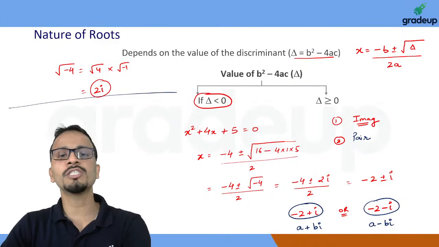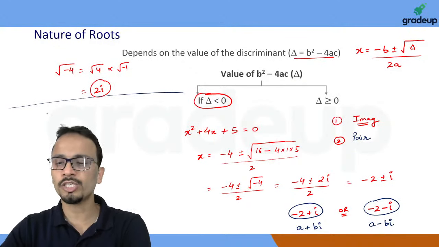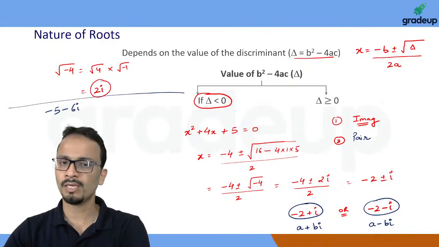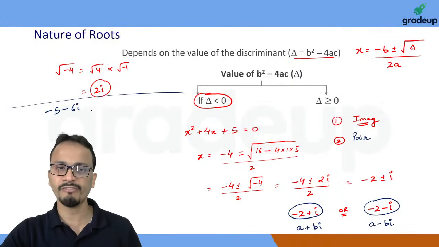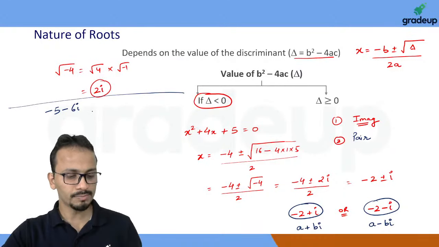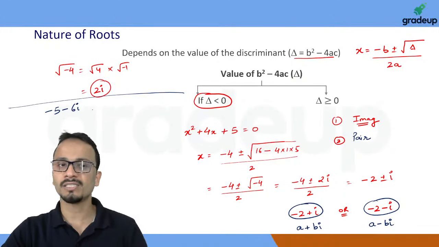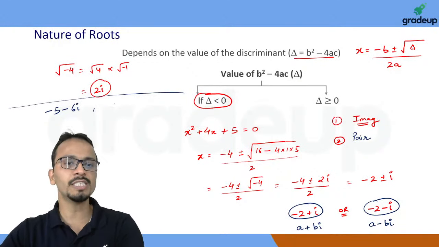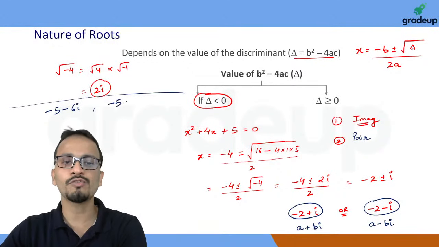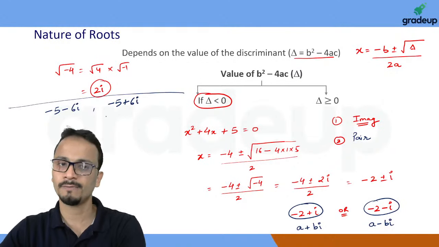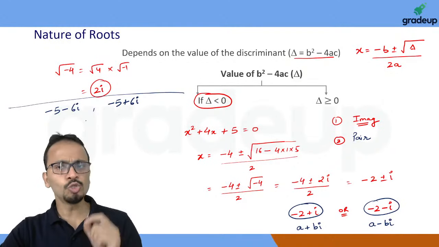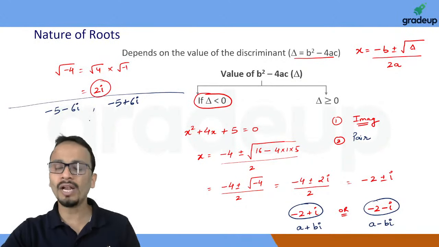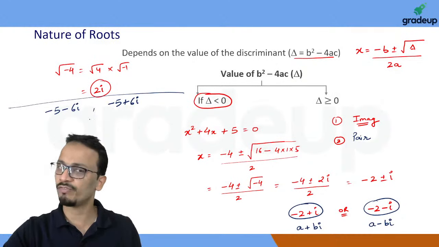If a question says that there is a quadratic equation whose one root is minus 5 minus 6 iota, so one of the roots of a quadratic equation is given, using this you can write the other root as well. If this is one of the roots, the other root will be minus 5 plus 6 iota, because imaginary roots always occur in pairs, and one root will always be the complex conjugate of the other root.